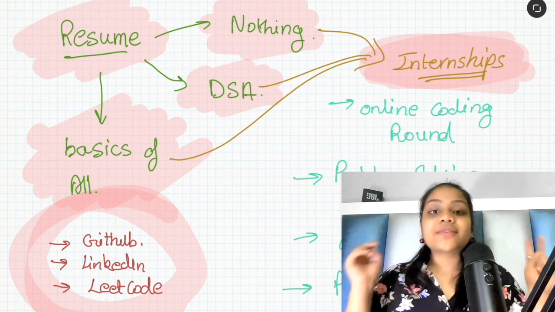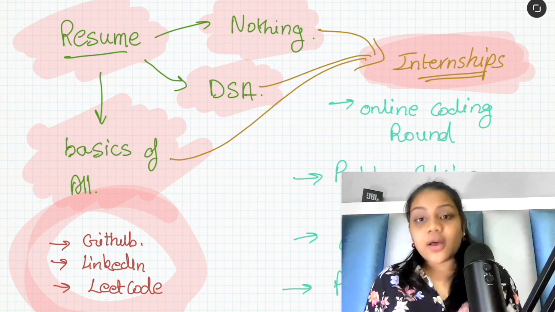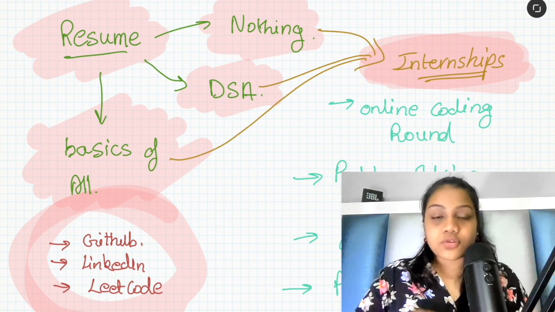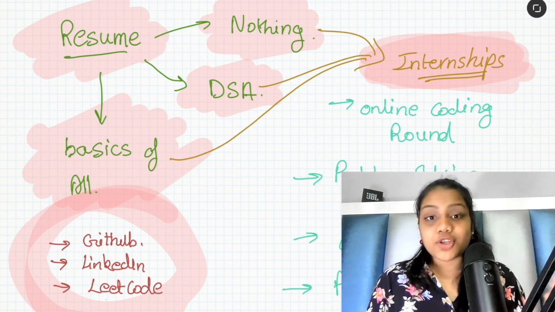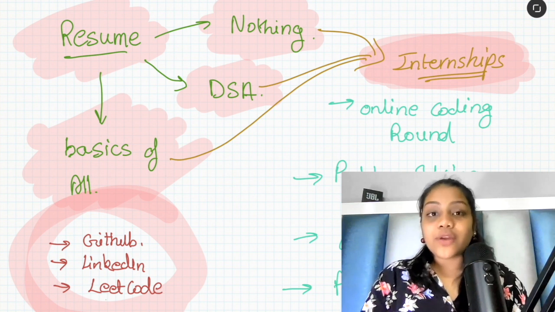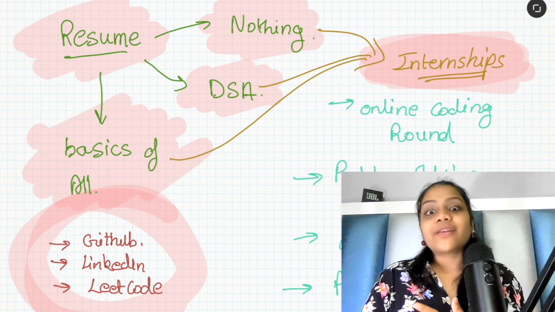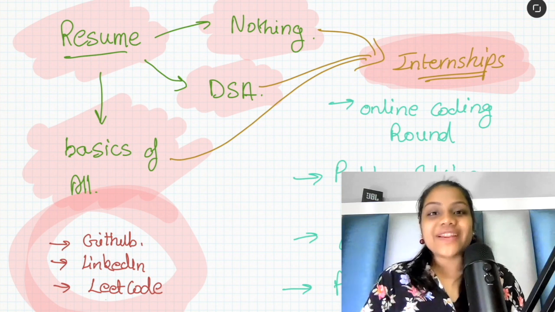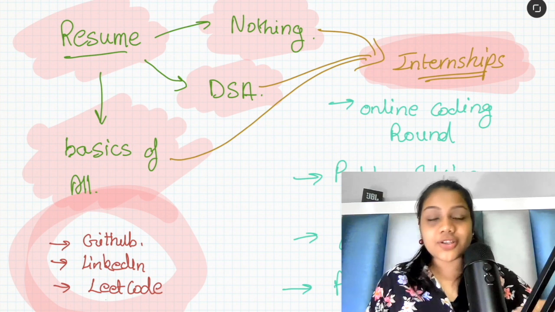The second thing is LinkedIn. Go on LinkedIn, make a profile, and connect with people. As you are targeting internships, skills are very important so that you can provide value to the company. But before getting an internship, you need to get an interview, and to get an interview you need to get your resume selected, and to get your resume selected, you need an opportunity to send your resume. How will you do that? You will get that opportunity if you have good connections.